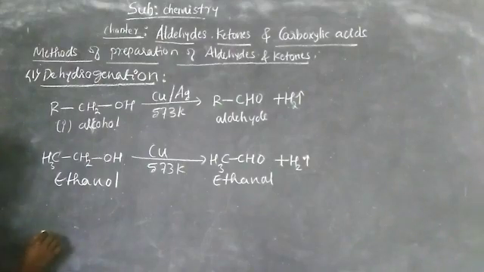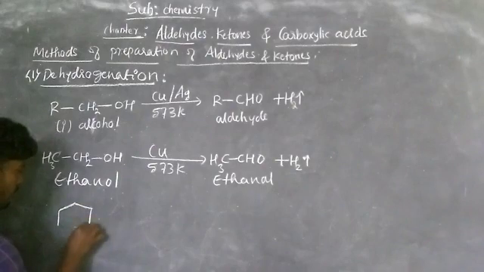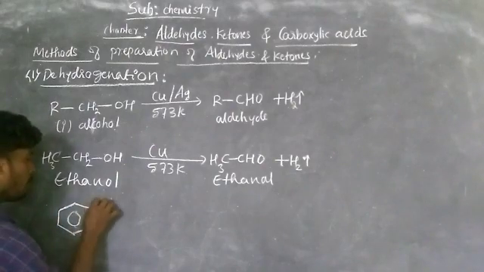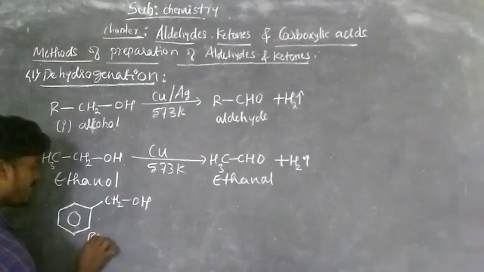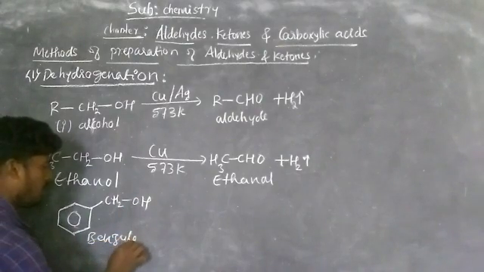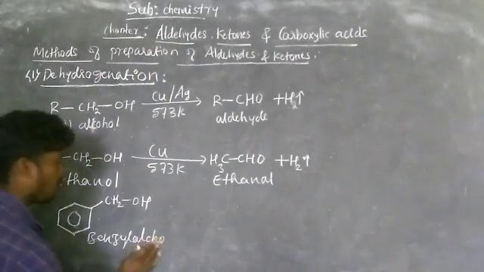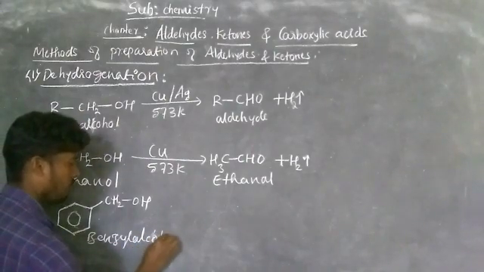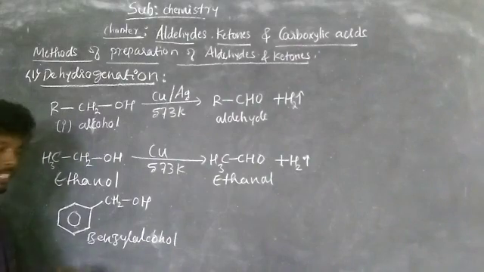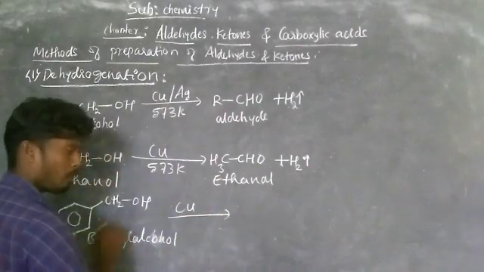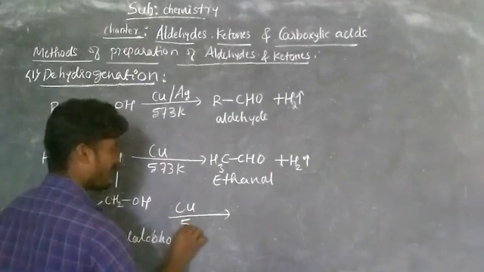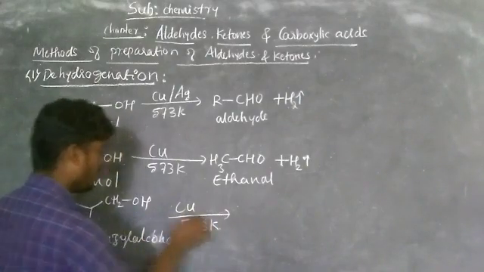Now one more example. In place of CH3 take a benzene ring. So this is benzene CH2 OH. What is its name? Benzyl alcohol. This benzyl alcohol undergoes dehydrogenation when we treat it with a copper tube at 573 Kelvin.